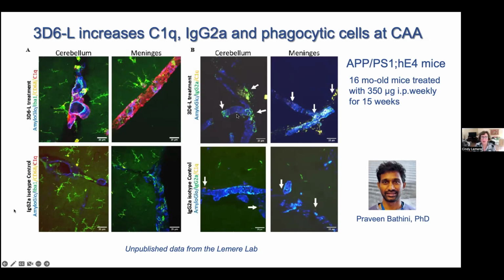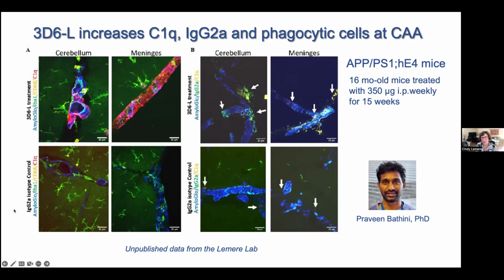And then here, Praveen Bettini, who has done the majority of this work in my lab, he's an amazing postdoc, also looked at C1q and IgG2 antibody labeling to see if we could actually see the antibodies, the amyloid, and the C1q together in the same localization.